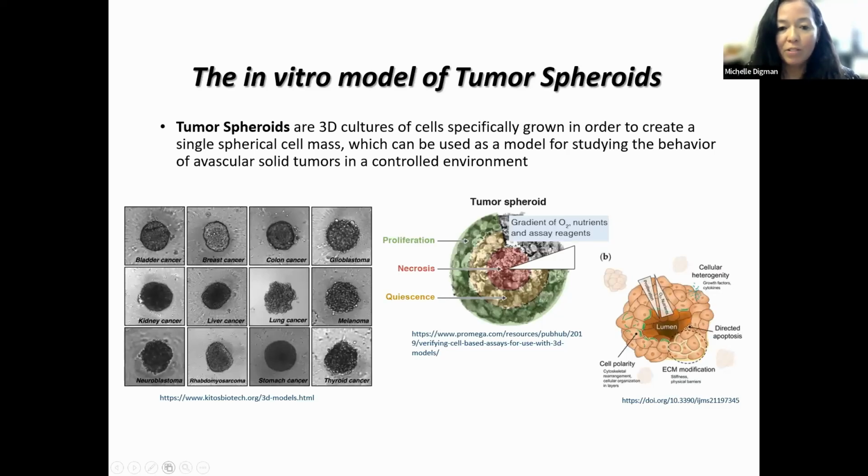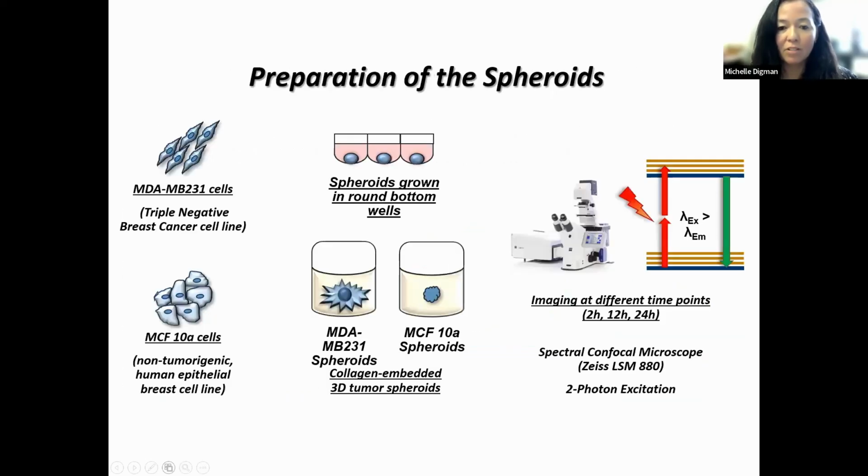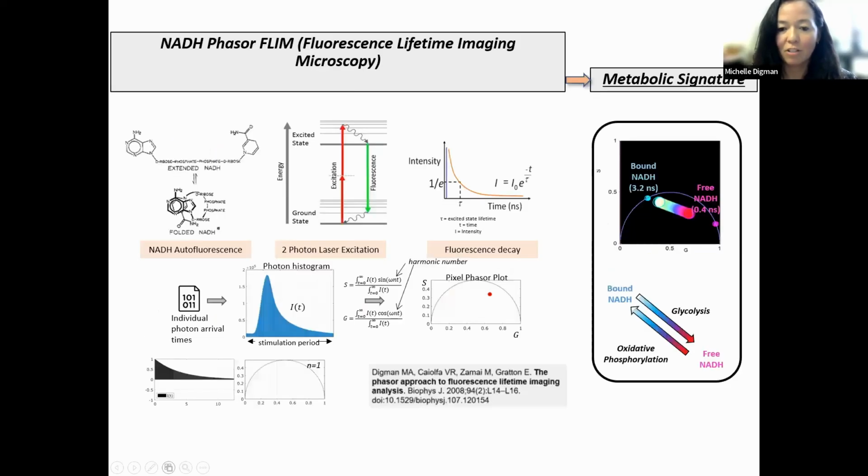And so we are taking these tumor spheroids and embedding them in collagen matrices. This is our preparation of our spheroids. We make these spheroids with round bottom wells, and we embed them in collagen. So we're able to look at the second harmonic signal for collagen restructuring by these tumor cells. And of course, we're using multiphoton excitation.